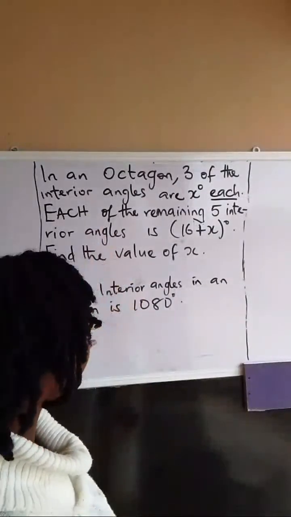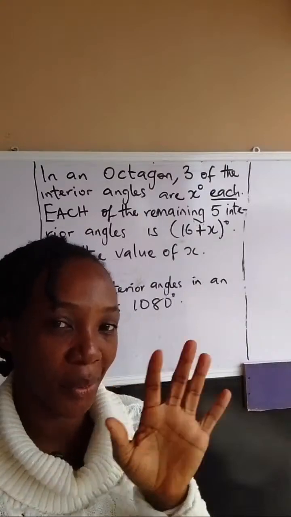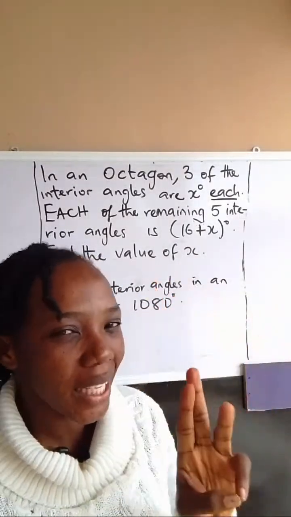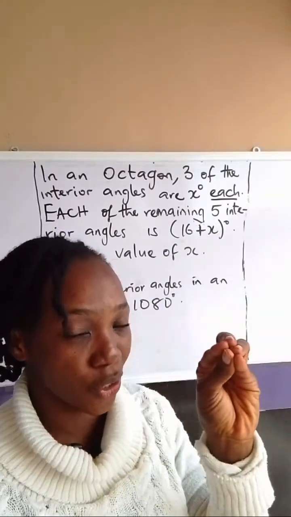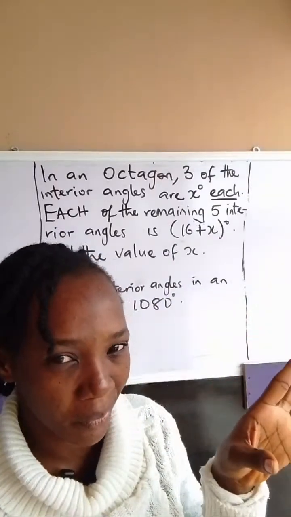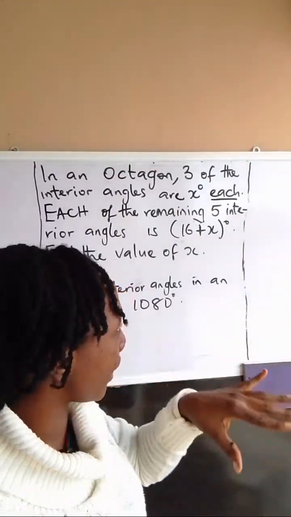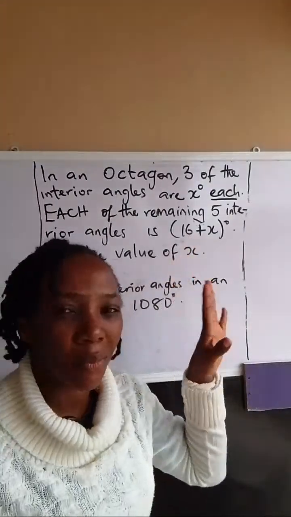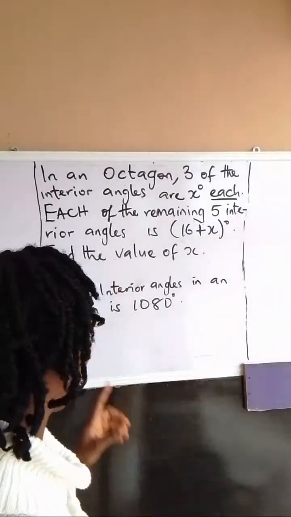All right. Okay, so what we'll do is to get an understanding of the question so you don't get it twisted. They said three of those angles are x each, which means they are the same. And then 5 of them, the remaining, are 16 plus x degrees each. So what do you do?